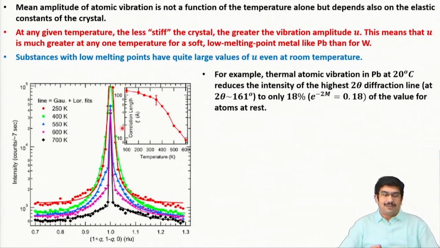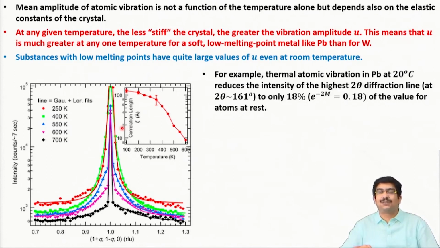So, what it means is that at any given temperature, if the bonding is stronger, if the material is stiff, if the crystal is stiff, then this vibration amplitude will be lesser. That means if the bonding is weaker, then the amplitude of this atomic vibration will be higher.